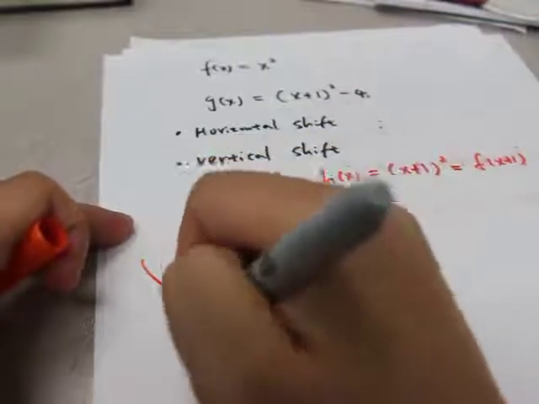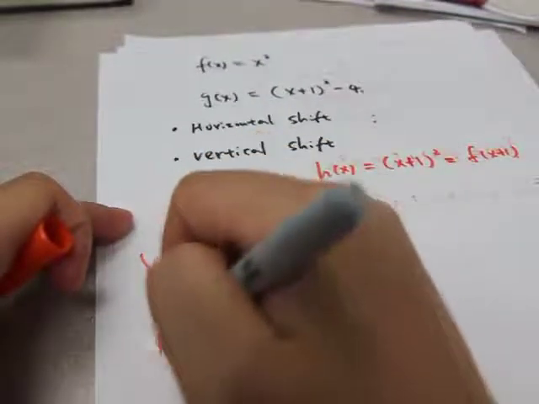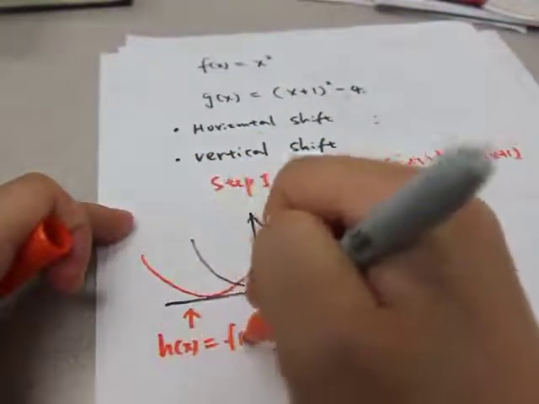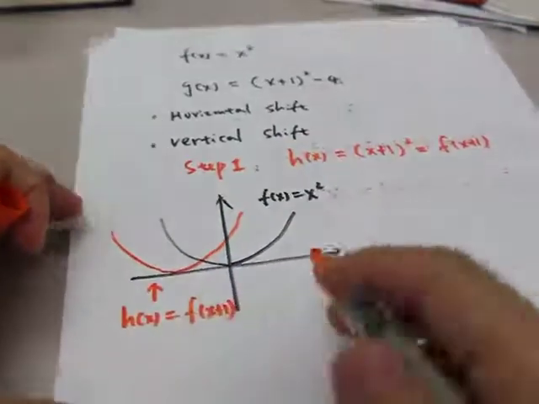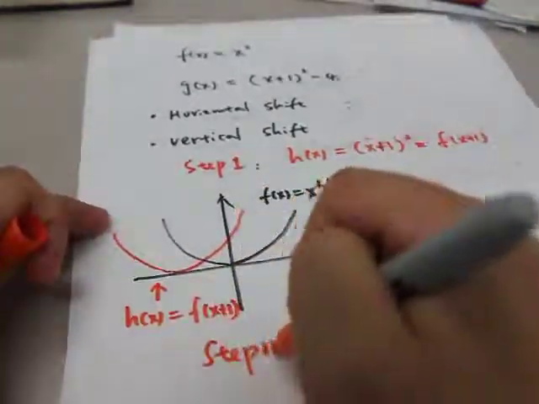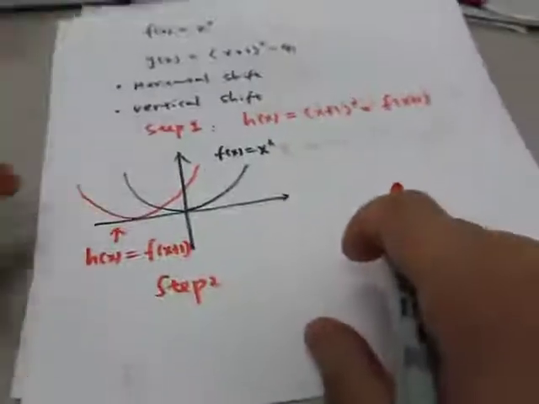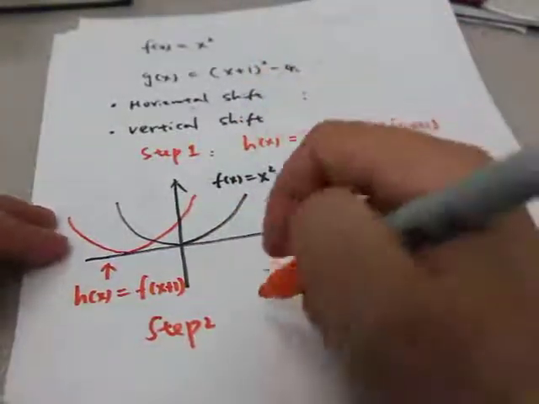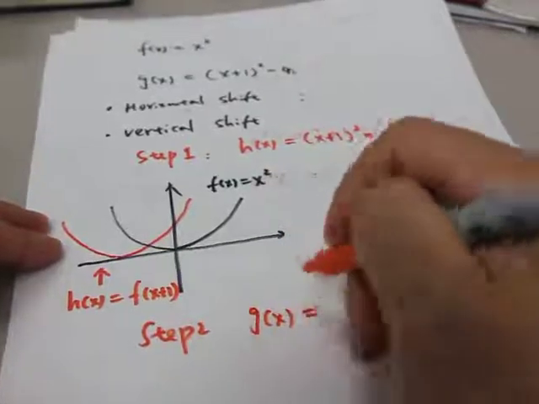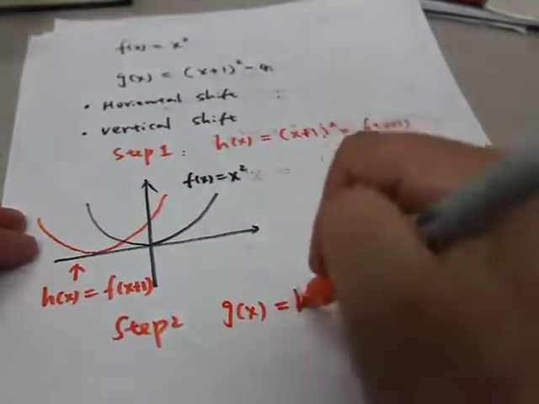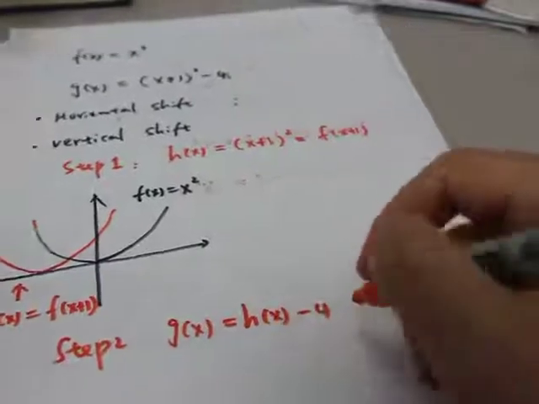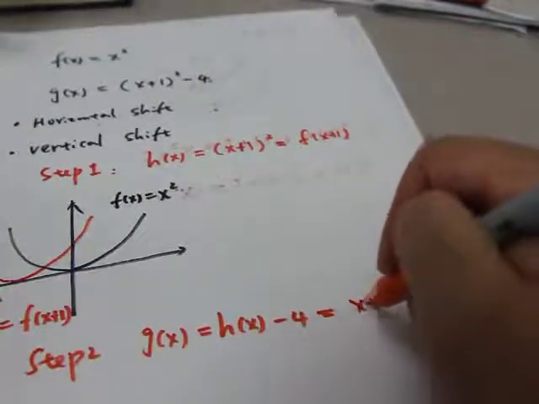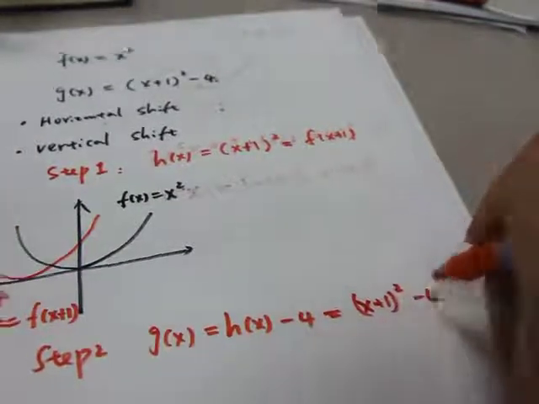Okay, this is f of x plus 1. And then in step 2, we add this vertical translation. So g of x now is equal to h of x minus 4, which is x plus 1 squared minus 4.